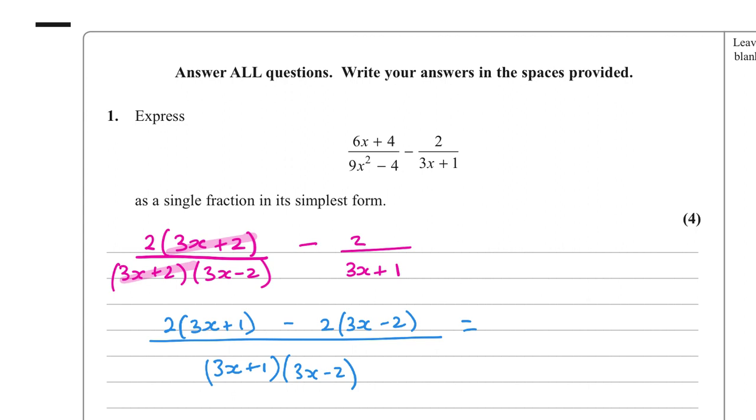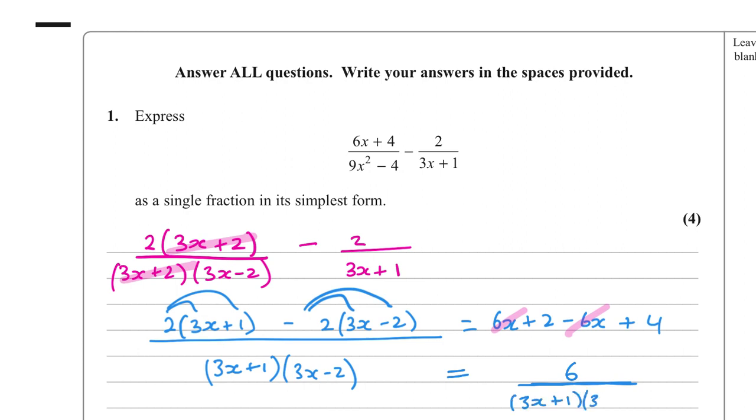So my numerator is 2 times 3x, which is 6x, 2 times 1, which is 2, minus 2 times 3x is minus 6x, minus 2 times minus 2 is plus 4. Now my 6x and minus 6x cancel, and I'm left with 2 plus 4, which is 6. So this then equals 6 over 3x plus 1, 3x minus 2. Fantastic. 4-mark question solved in under 2 minutes.